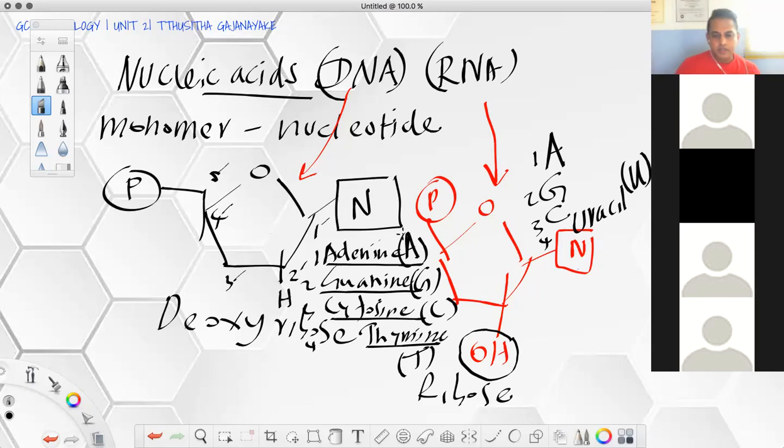Okay, again we place these nitrogenous bases into 2 groups, because one type of nitrogenous base has 2 rings like this. The other type of nitrogenous base has only 1 ring.